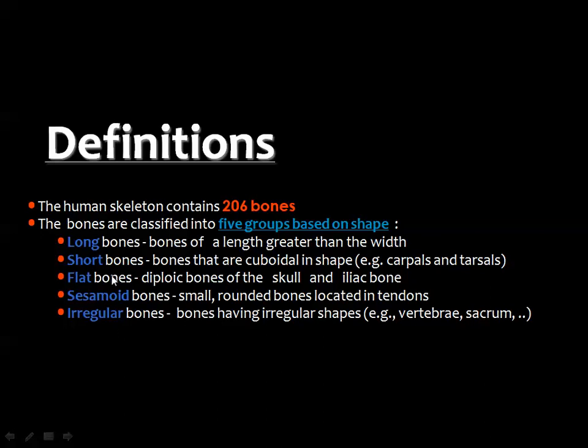We have the long bones and the short bones, like the metacarpals and metatarsals, the flat bones like those of the skull and the pelvic bones, the sesamoid bones, which are rounded bones located in the tendons, and the irregular bones like those of the sacrum and the vertebrae.